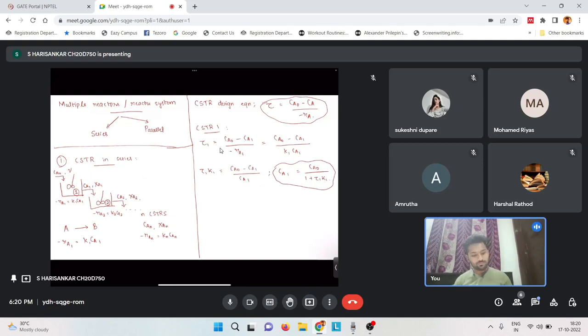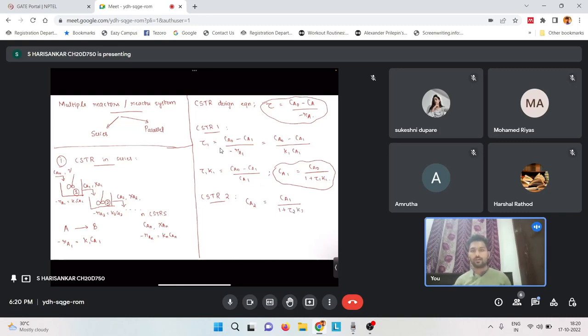Now we can do the same thing for CSTR2, and we'll arrive at an equation Ca2 is equal to Ca1 by 1 plus tau 2 K2.